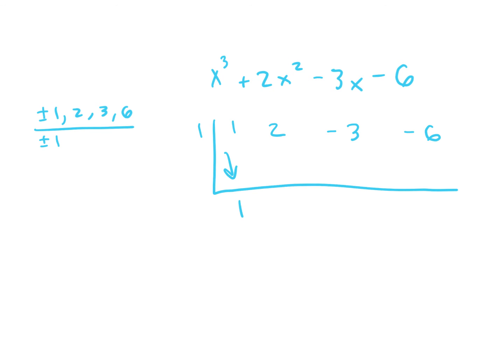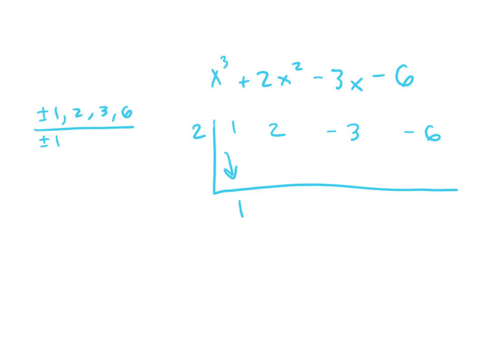Drop down the 1, multiply, add, multiply, 0, not going to work. So what else can we try? Let's try negative 1. Multiply, add, multiply, negative 1, add, not going to work. What else can we try? Let's try 2.